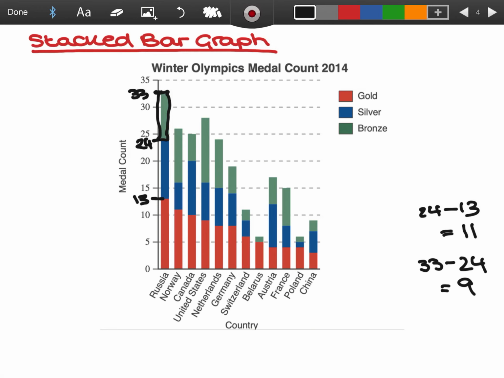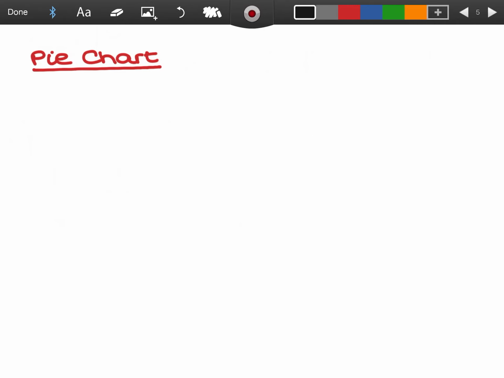But as I said, make sure they are clearly labelled when you use these. Another type of graph I want to look at is a pie chart. Pie charts are used to show proportions of a whole. Whenever you've got a whole population of something, they basically tell you what proportion of the population satisfied a particular category.